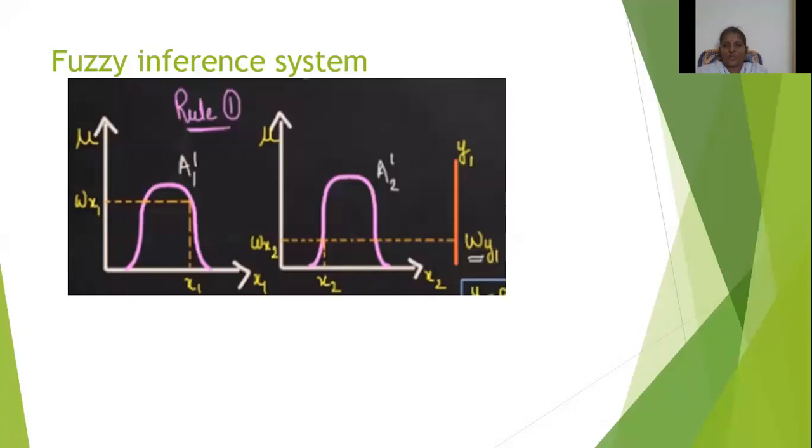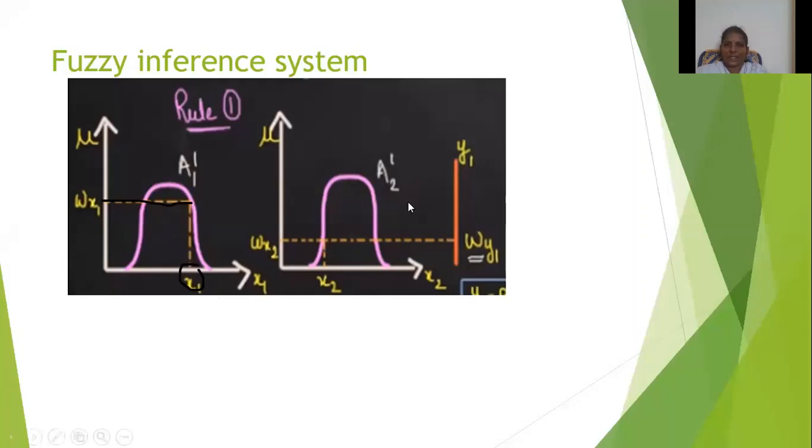So using the rule 1, corresponding membership value for x1 is marked on this graph. See, the rules are given as well as the graphs are also given to you. So you need to mark this membership function corresponding to x1. Similarly, corresponding to x2. What is your membership function?